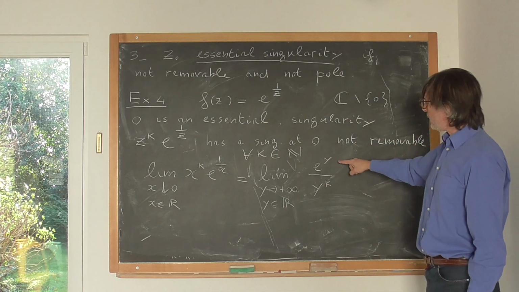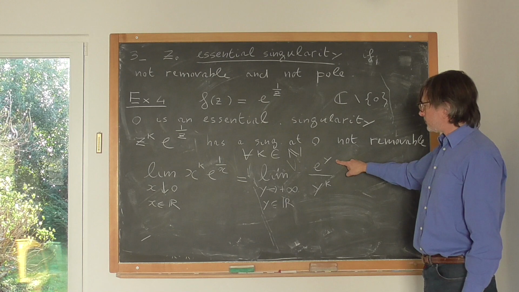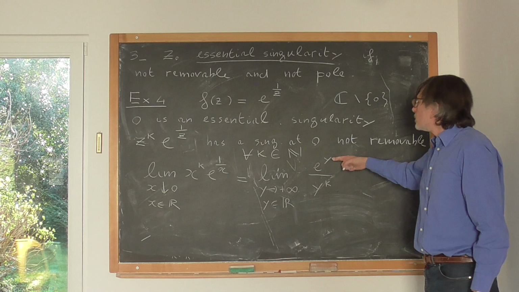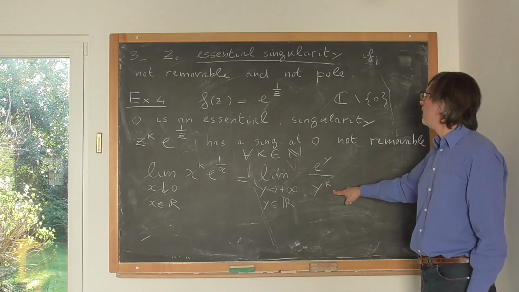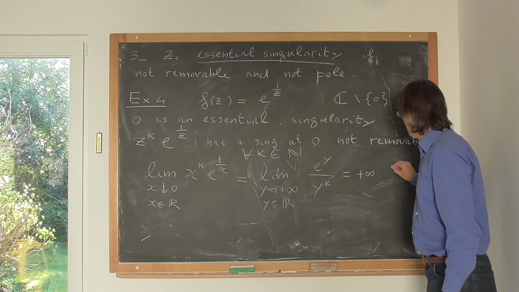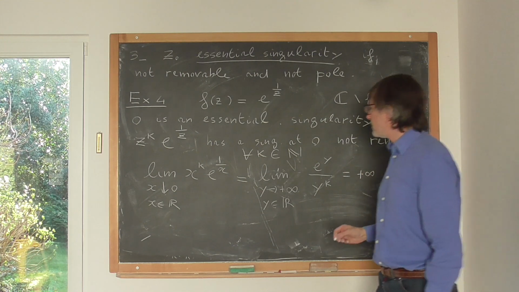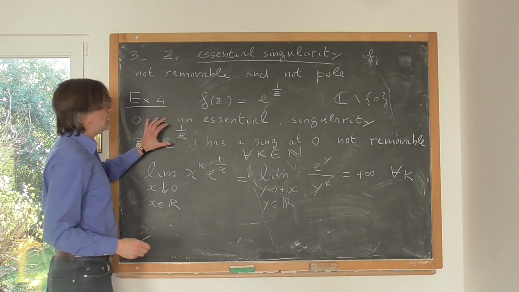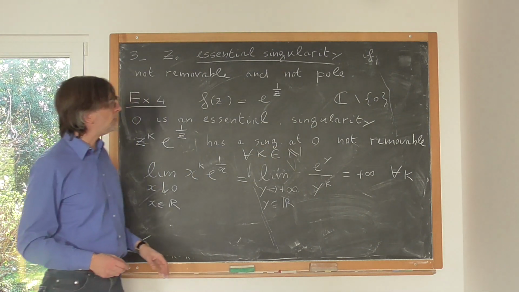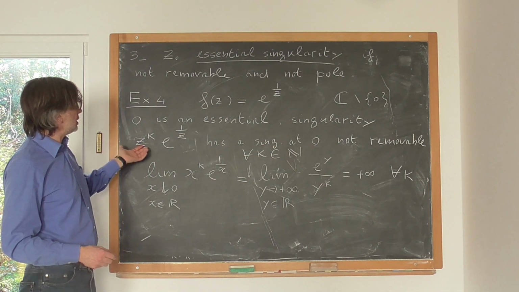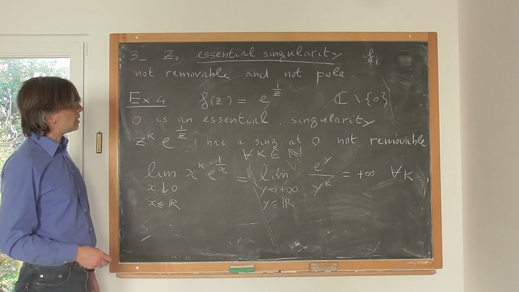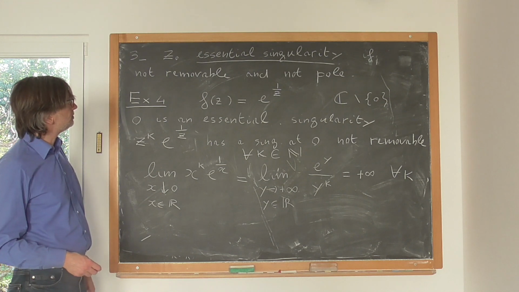And as you know, the exponential function of the real numbers grows faster than any power of y. So this limit is plus infinity for every k. So in particular, this function is not bounded in a neighborhood of 0, and therefore this singularity is not removable. So this is an essential singularity for this function.